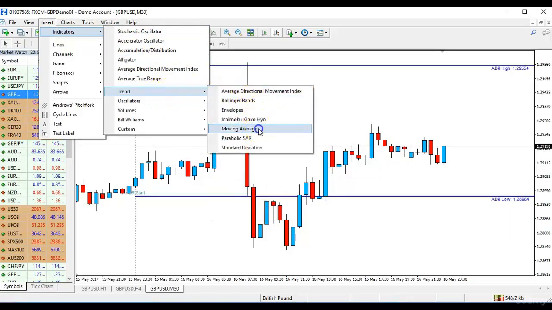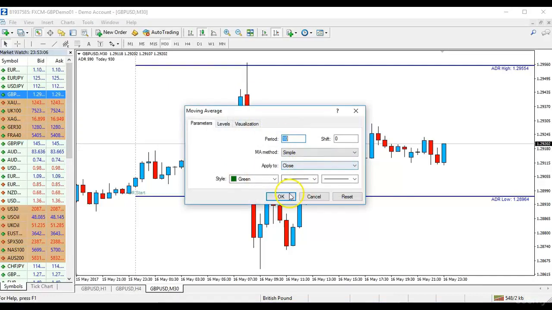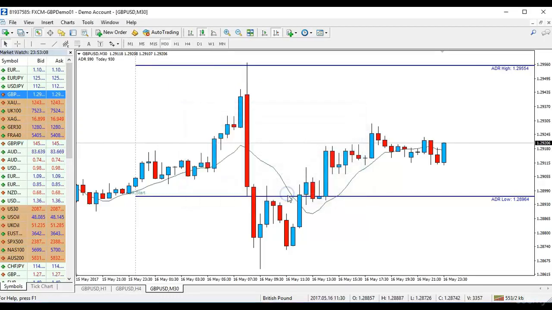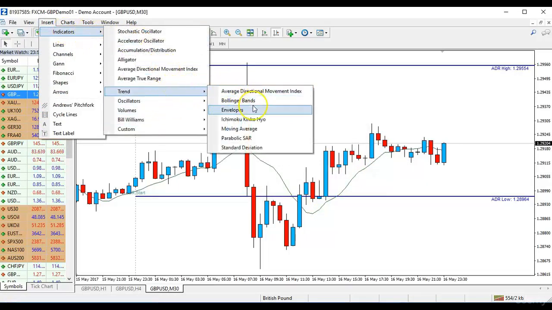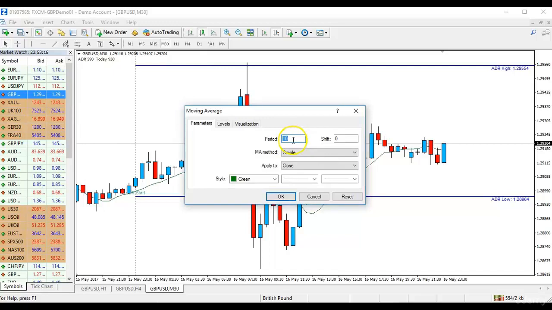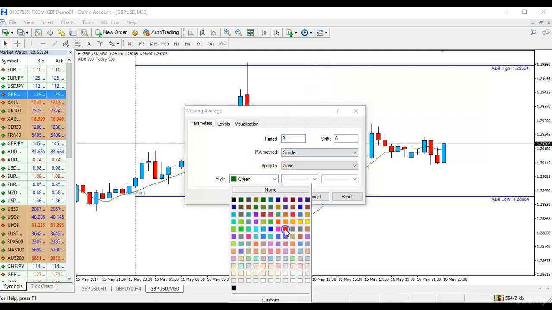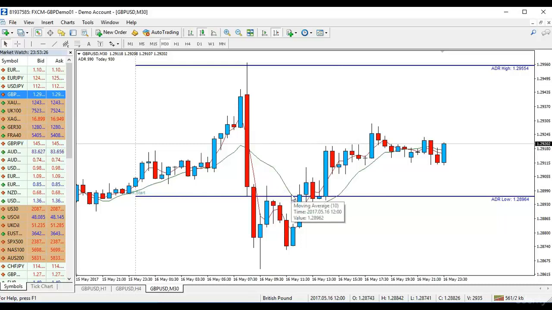So another indicator I use is what's called a moving average. So I use a 10 period green moving average, and I use a 3 period red moving average. Okay, now the reason I use these is to get a visual representation of how fast price is moving.